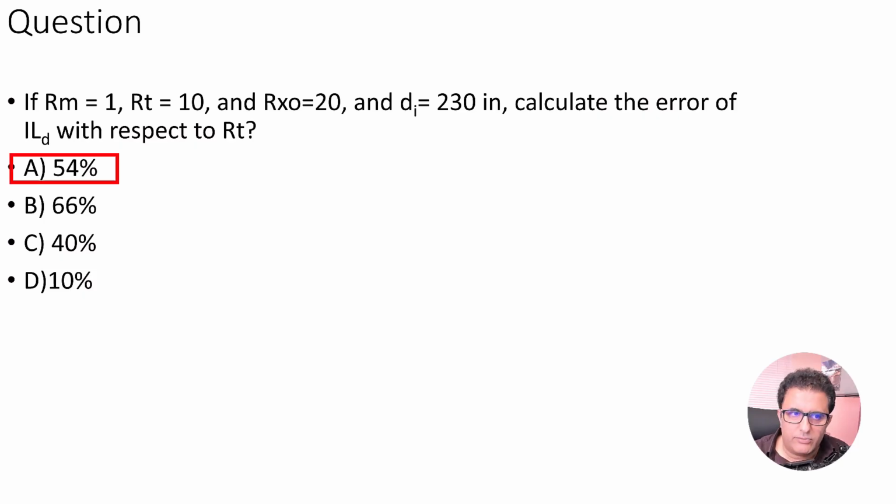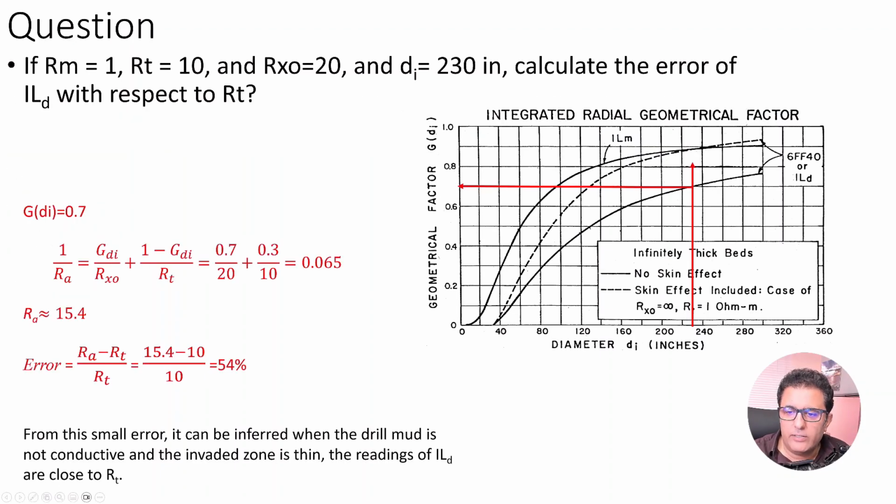If you solve this equation, you're going to notice that RA, or the resistivity of deep reading, will be 15.4 ohm meter. As a result, the error for RT will be about 54%. That is a very huge error.